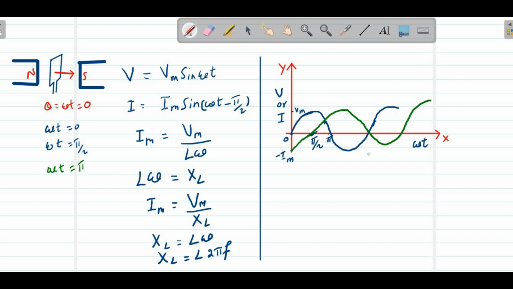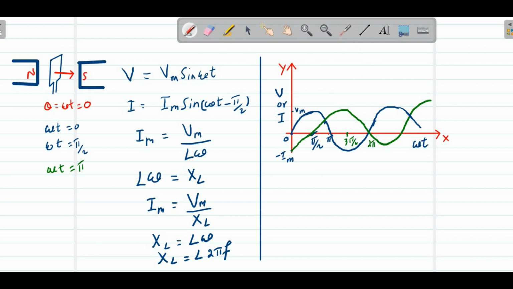So there will always be a phase difference of pi by 2 between voltage and current. Here this angle is 3 pi by 2 and this is 2 pi and so on. This will keep on changing. So the voltage and current will be varying according to these two equations. Current is always coming behind the voltage.